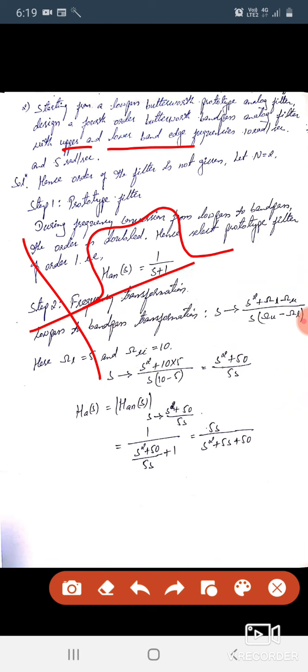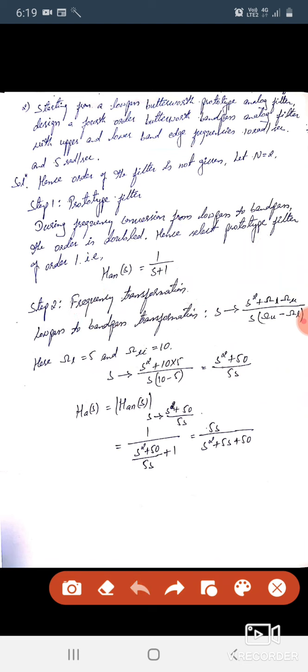To do this, first we have to check which order is given. Here, since the order is not given, we can take n equals 2. If it is not given, then only choose 2.